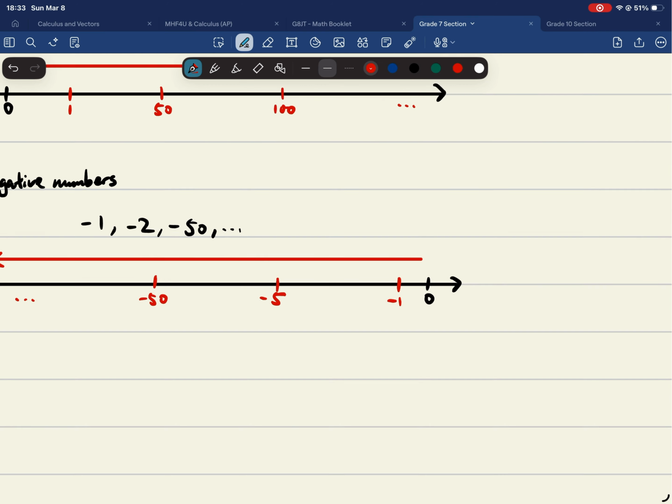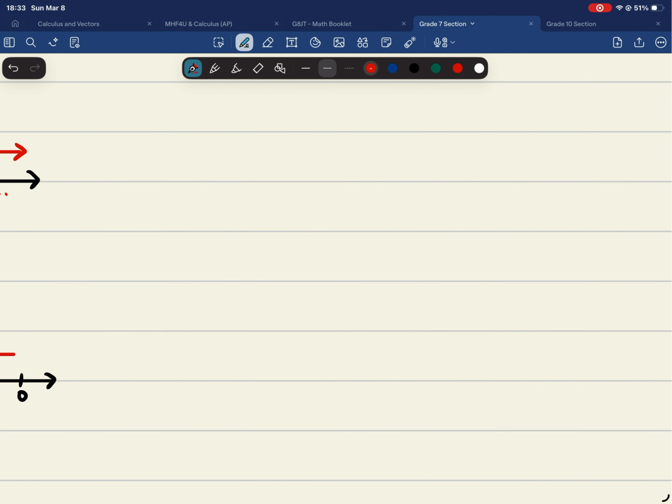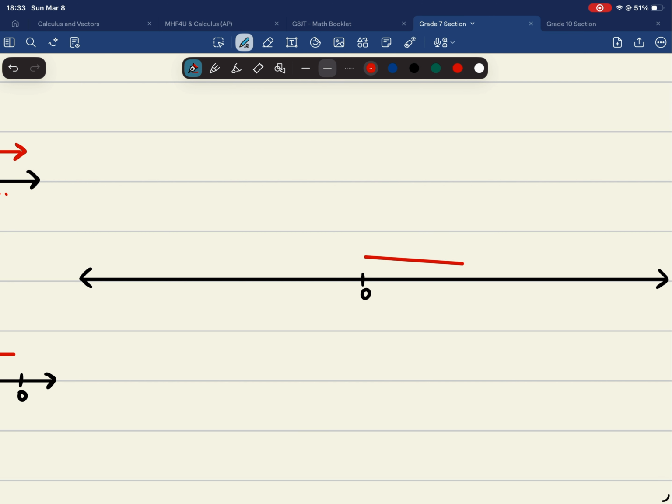So, in conclusion, if you're looking at a number line, if the middle is 0, if you're looking to the right, these will be positive.